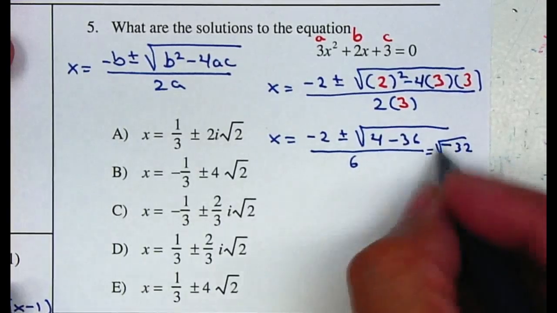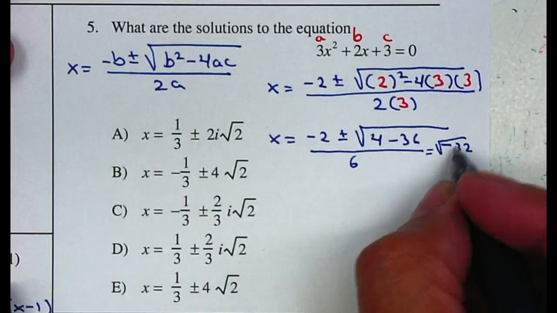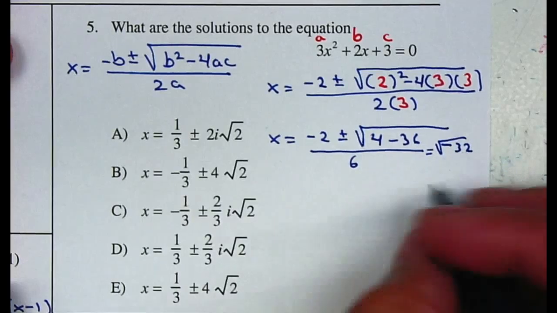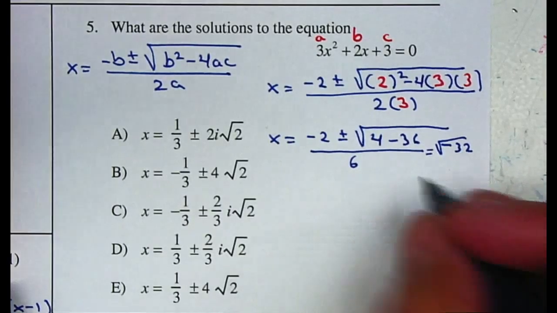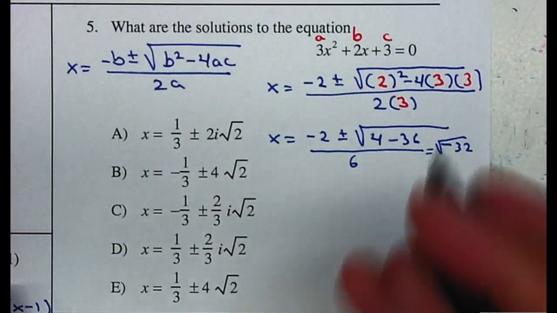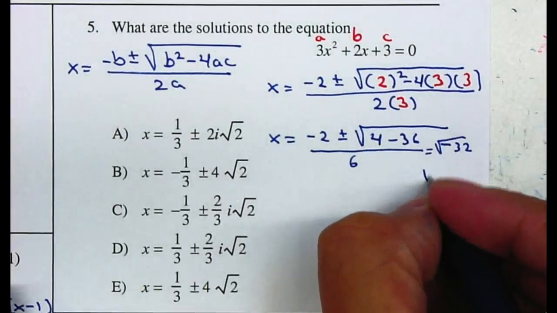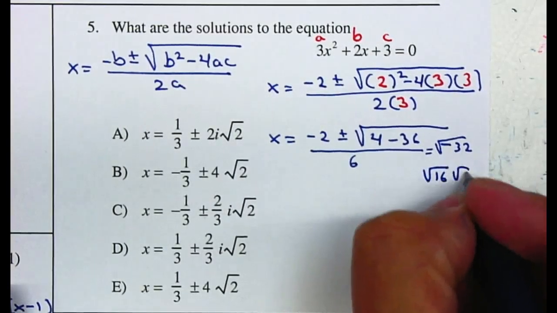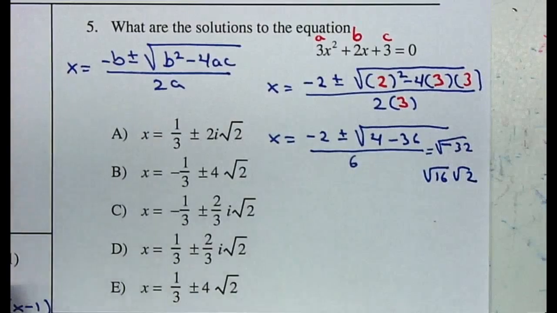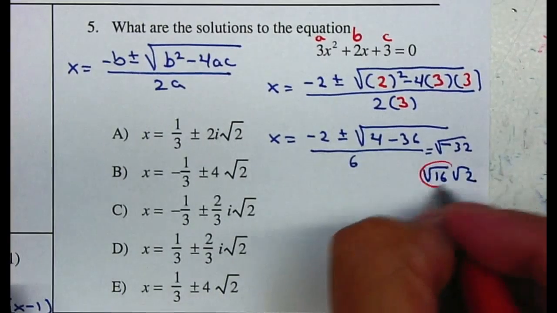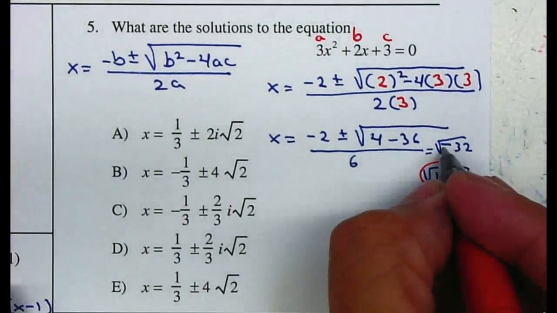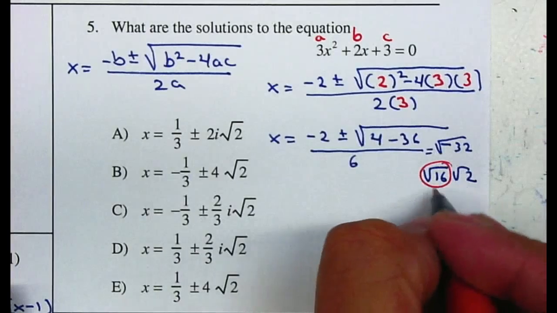And I can simplify the square root of 32. I know that there's a perfect square that divides 32, which is 16. Which will be the square root of 16 times the square root of 2. Now, the square root of 16 will be 4. But remember, because we have a negative inside, it will be 4i.